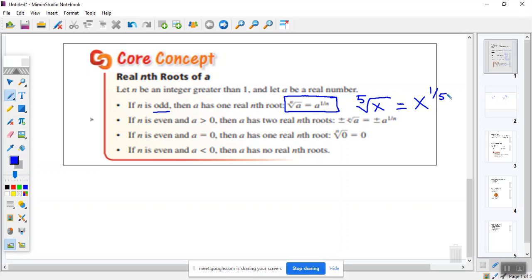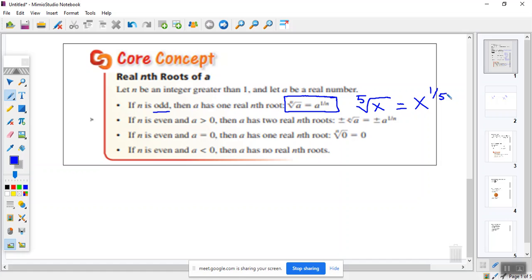So if I would write something like this over here, for instance, I don't know, if I wrote down 7th root of p right here, this would be the same as p to what power, kids? 1/7. P to the 1/7. And I'll talk to you about what that means here when we look at more examples.